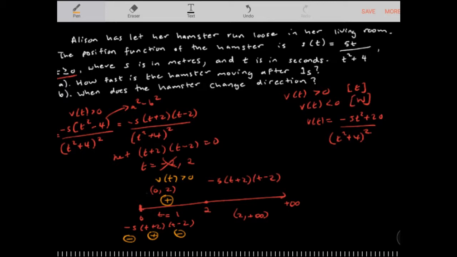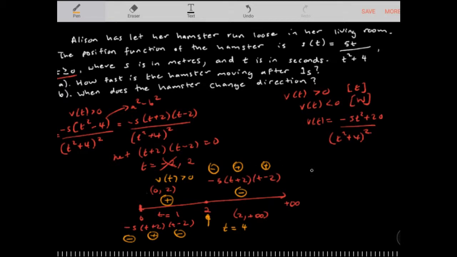Now, if we're looking at 2 to positive infinity, let's say that t is equal to 4. We basically have positive, positive, and negative, and this is going to be negative. So between 2 and positive infinity, the velocity is negative. We can understand that the direction change occurs after t is equal to 2 seconds.